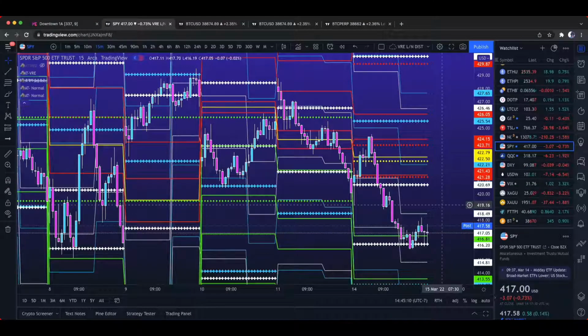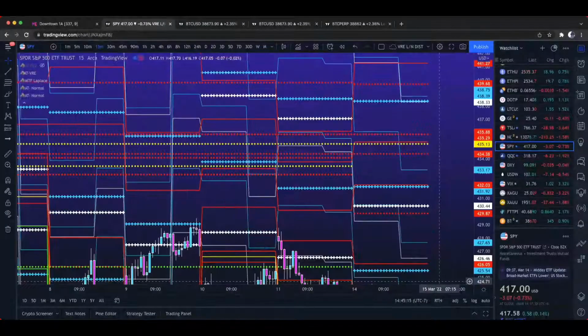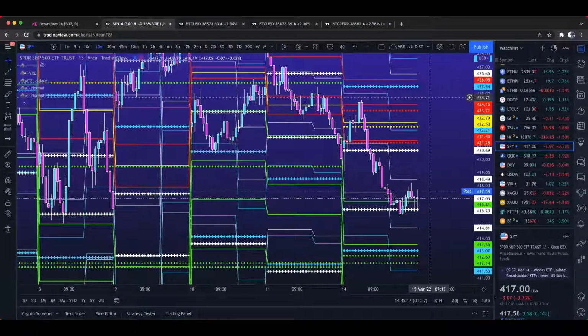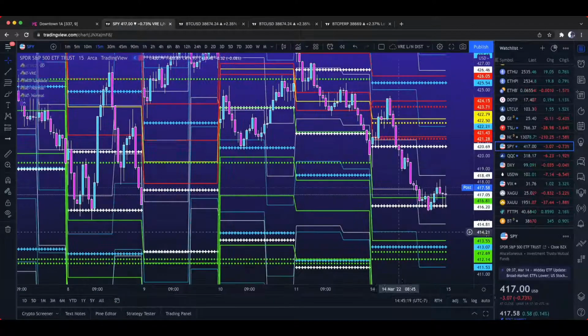And it is below the weekly. And now the weekly is below the monthly. Traditional market's looking bad. That's all I got to say about that. Let's see if Nasdaq did the same.